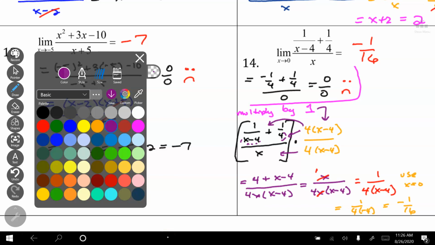What happens, I get something very nice, that these 4's in the numerator cancel, and I get x over that whole fraction. The x's cancel out. You're left with the 1 on top. And remember, we are plugging in x equals 0. And I do all that work, and I get negative 1/16. This is a weird one. It's a lot harder than the others.